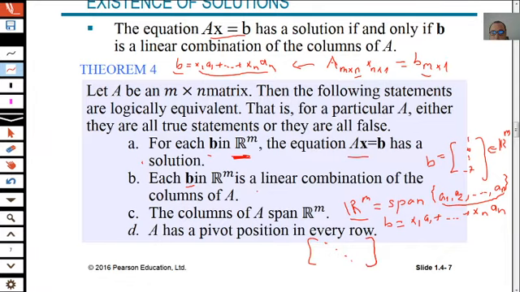Because if we don't have any pivot position for the last row, for example, sometimes we have a 0 row and the right hand side is equal to some non-zero number like 5, if you remember, and we don't have any pivot position here, so we say there is no solution.